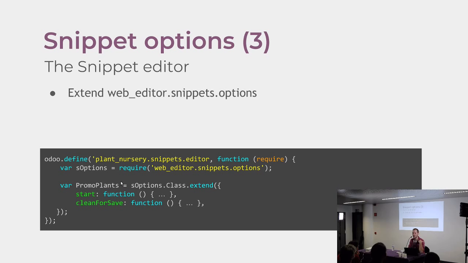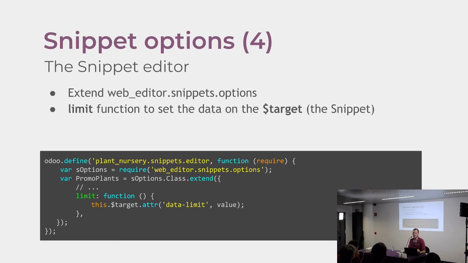So again, create a new extension of this special class with the same idea in it, start with start. And we'll use here a method called limit, that when the user clicks on the link with the number of plans, will set the limit on the instance. So we also need to bind this instance, which is the option, with the instance of the building block.